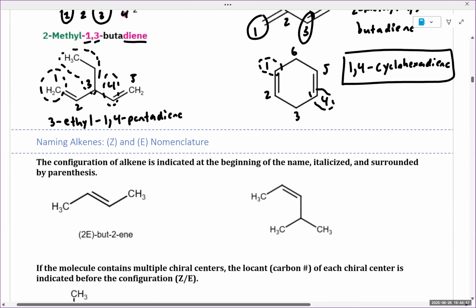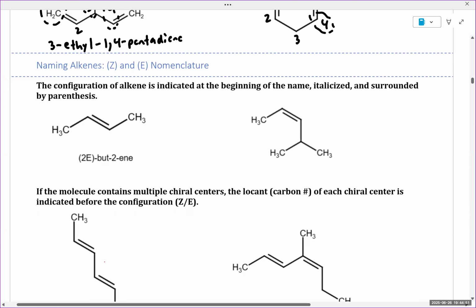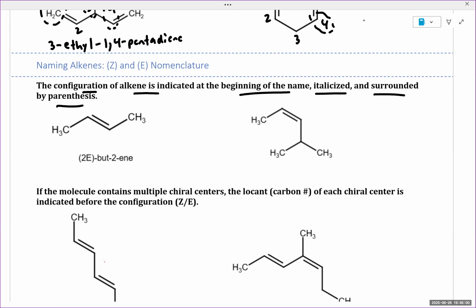Now, where things get interesting is what happens when you have an alkene with some stereochemistry. In this case, the configuration of the alkene is indicated at the beginning of the name, italicized and surrounded by parentheses. For example, in this case, because we have an E alkene and the alkene is at carbon 2, this would be (2E)-but-2-ene.